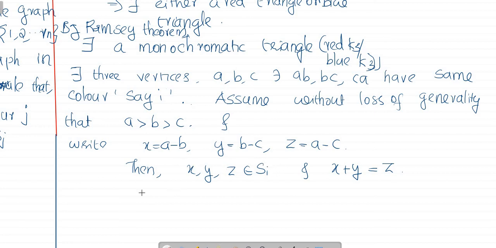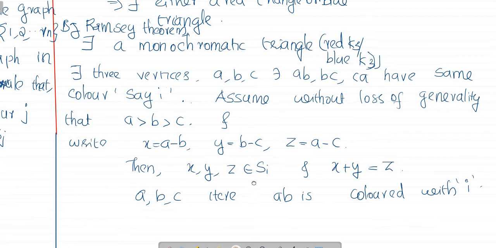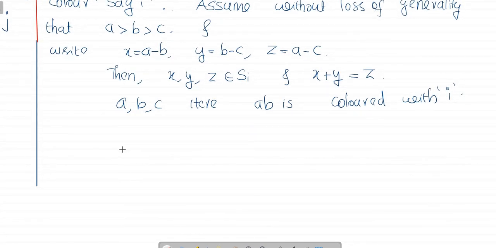Why is this so? We have already said the vertices are A, B, C. AB is colored with i if and only if the difference A minus B belongs to Si.